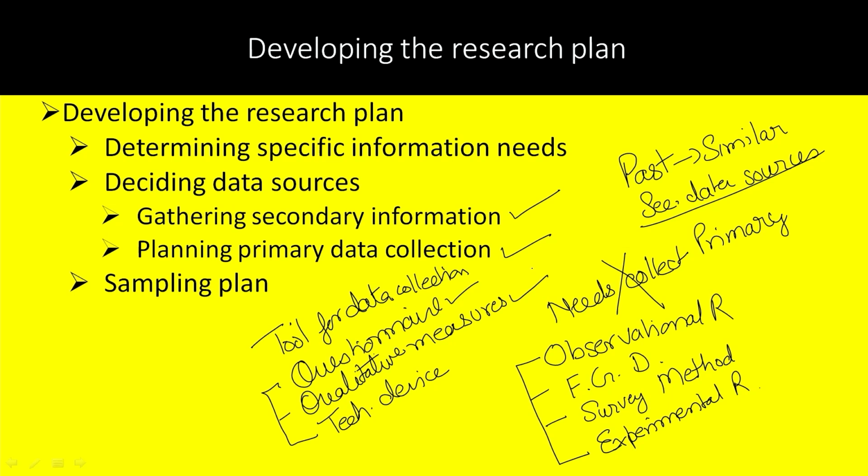After that, the researcher asks those questions which can be drawn from the discussion which has been happening between the researcher and the respondent. So that's how questionnaire and qualitative measure are different, and especially open-ended questions in case of questionnaire and qualitative measures are further different.